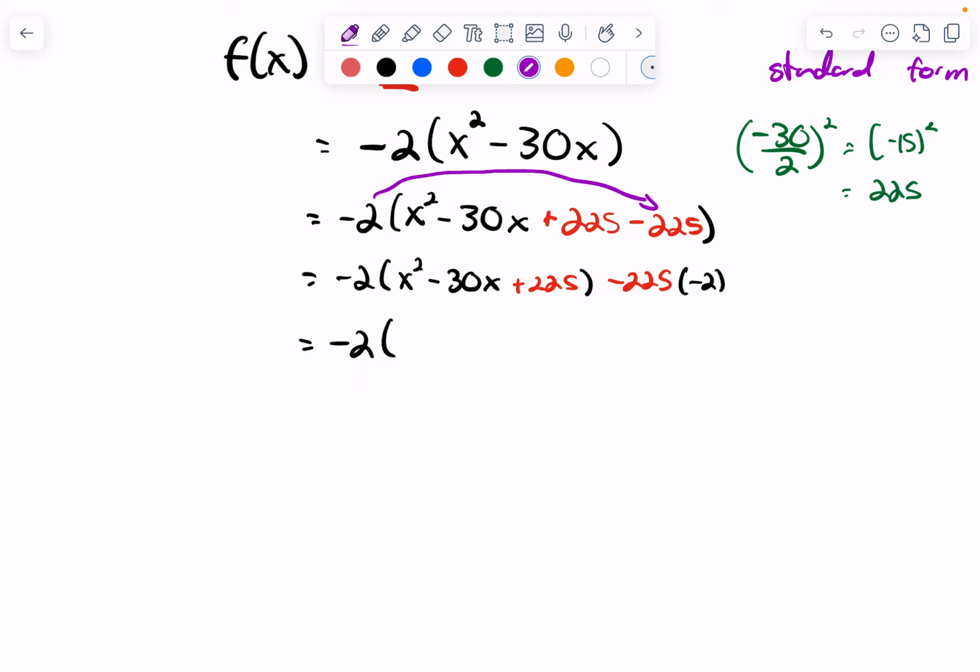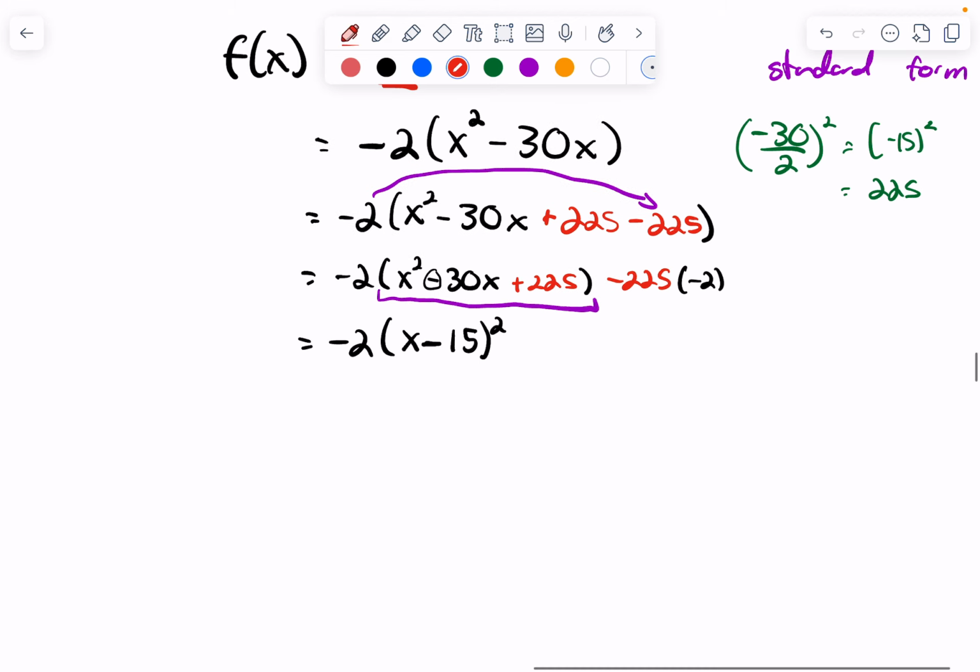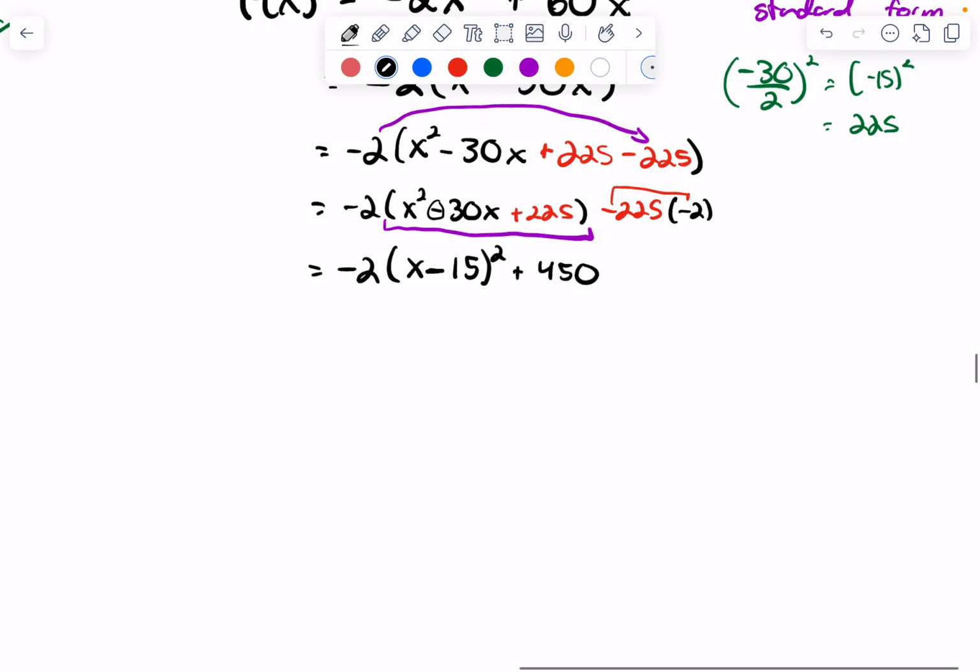This bracket right here is a perfect square trinomial. So it's x minus the square root of 225, which is 15, squared. And on the back side, it's 225 multiplied by negative 2. A negative times a negative, we're going to get 450. So plus 450.